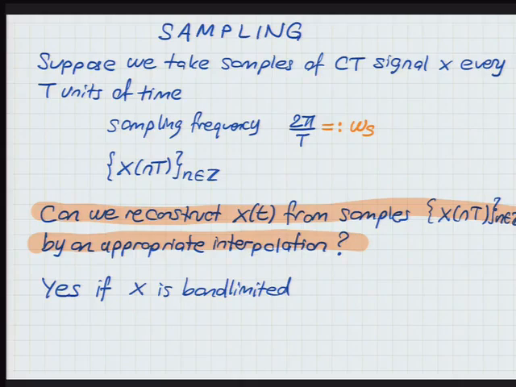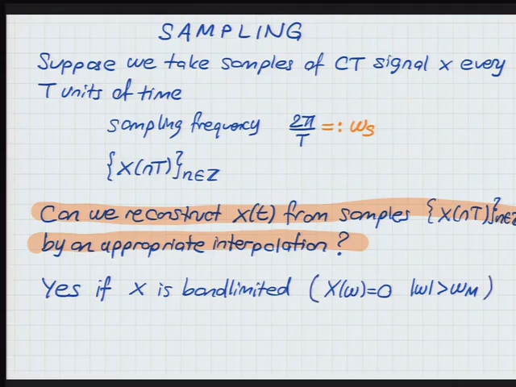So it doesn't occupy the whole frequency band. It's limited. More precisely, X of omega is 0 when omega is bigger than the bandwidth. We're going to call the bandwidth omega sub m. Beyond frequency omega sub m, there's nothing.